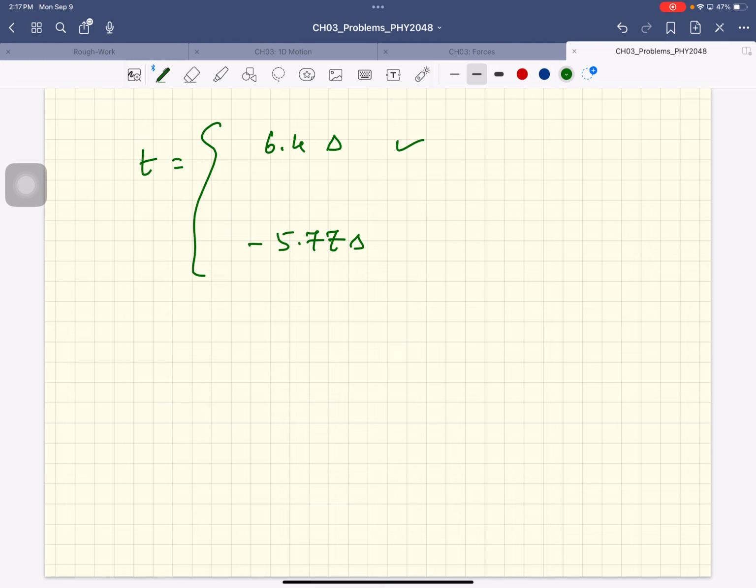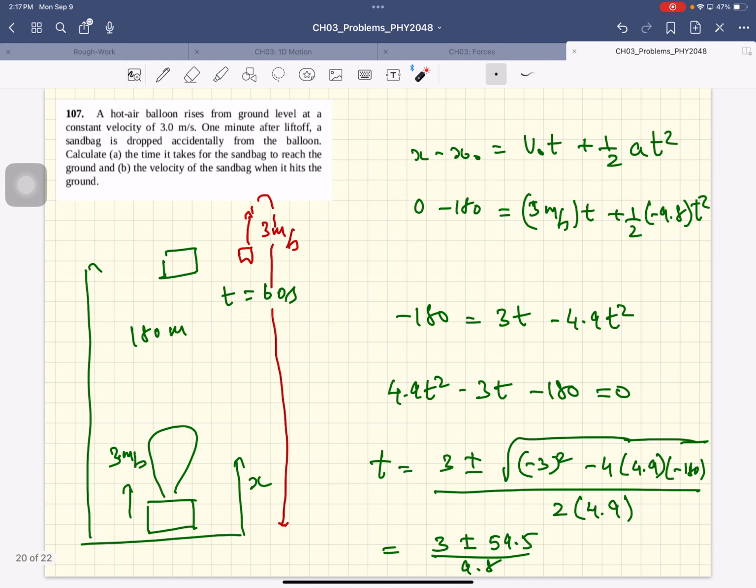What is this answer? What we have solved is the final position.